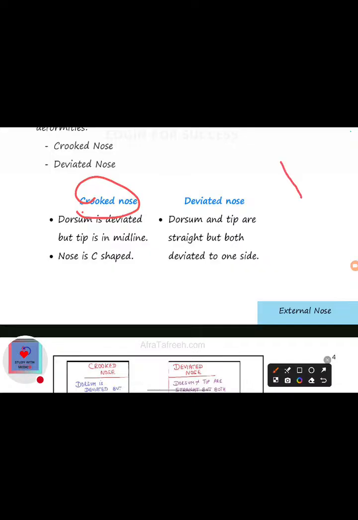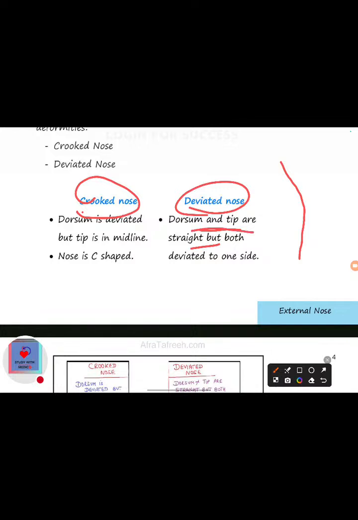If the midline gets deformed, there can be two types: crooked nose or deviated nose. So here we can have two varieties. One is crooked nose. The speciality of crooked nose is that the dorsum is deviated but the tip is in midline. But in deviated nose, dorsum and tip both are straight but deviated to one side.